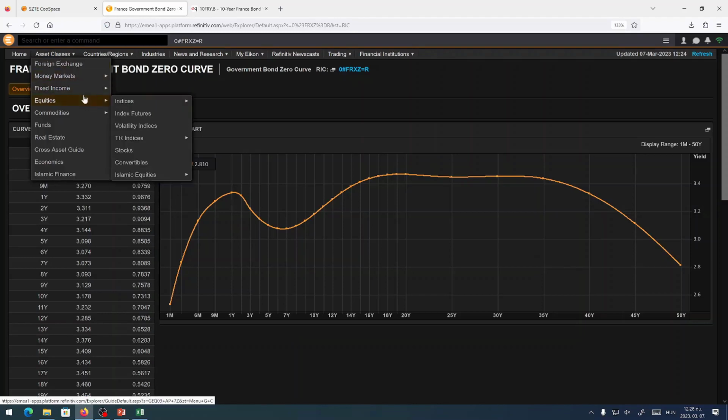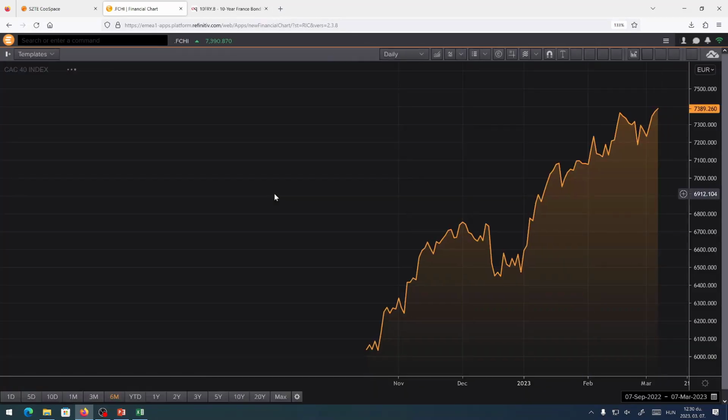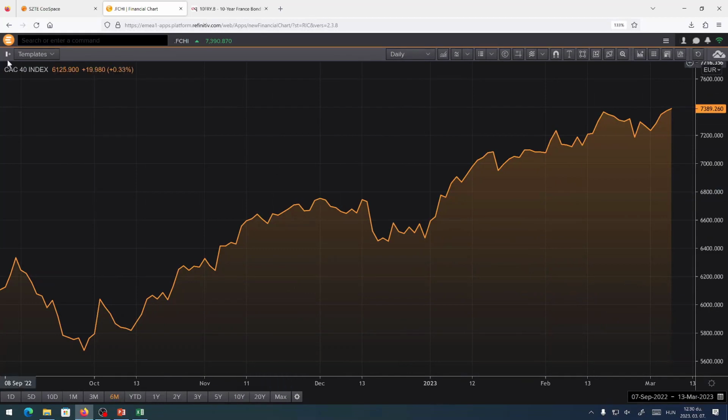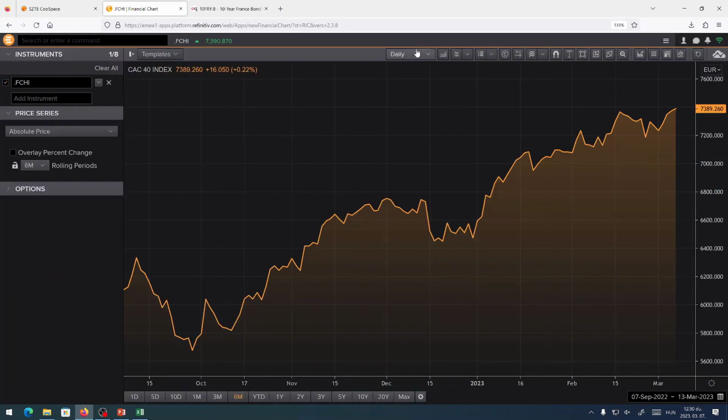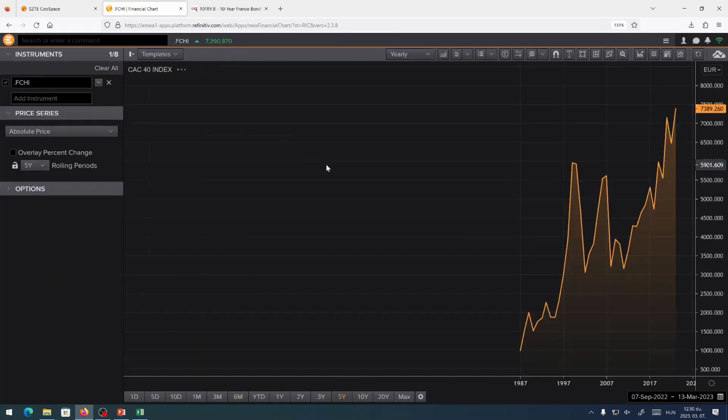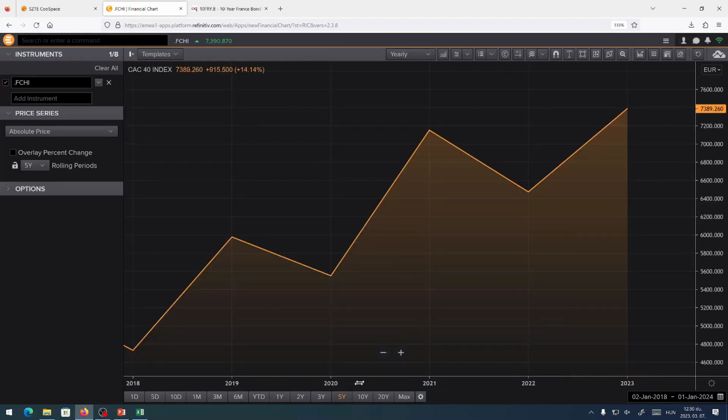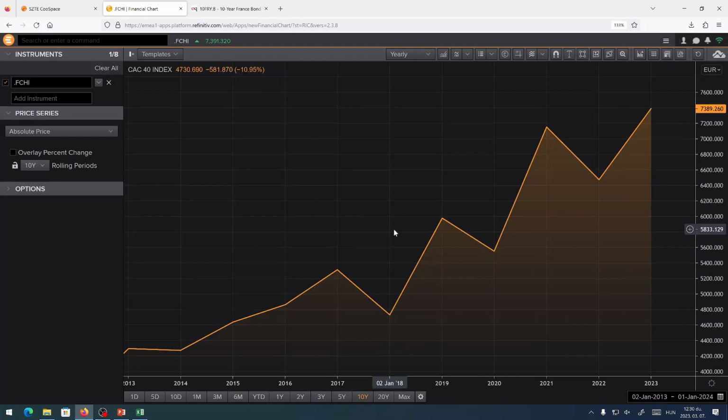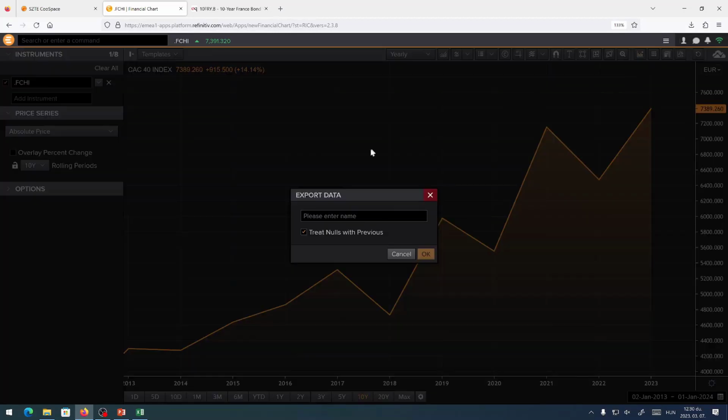Asset classes, equities, indices. Now happily it's back with us. So we need annual data from the last 10 years, and we're just downloading it.